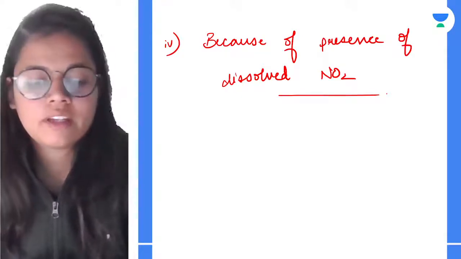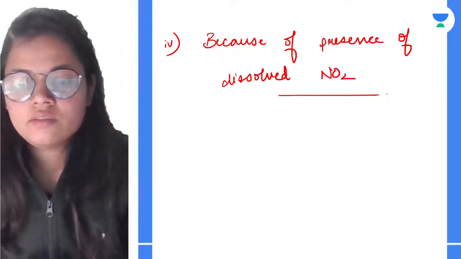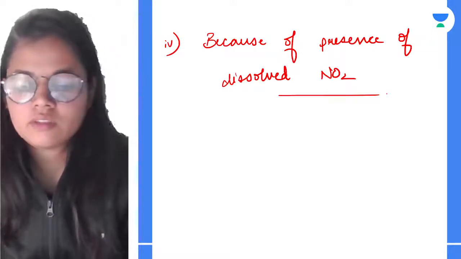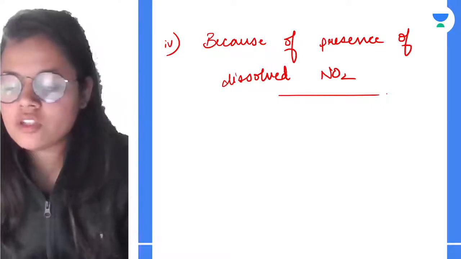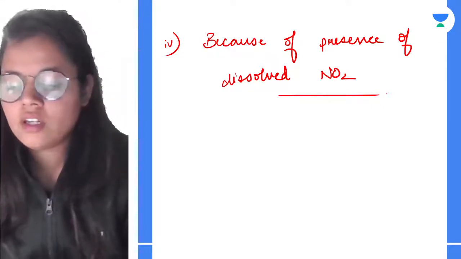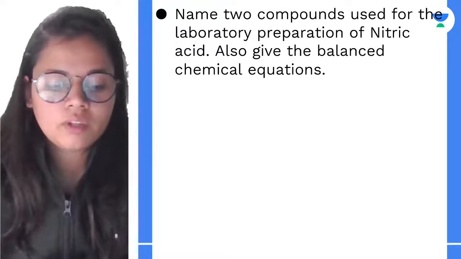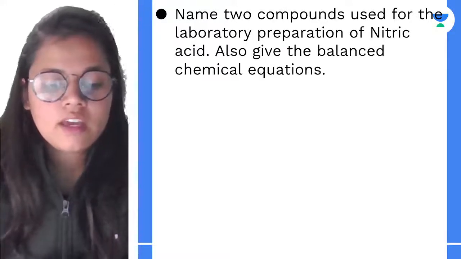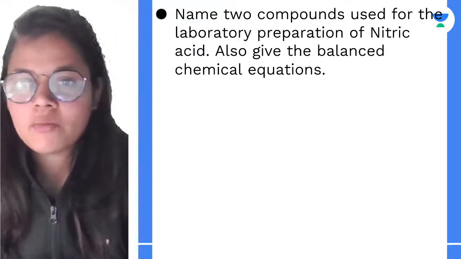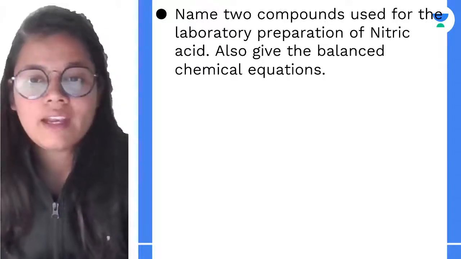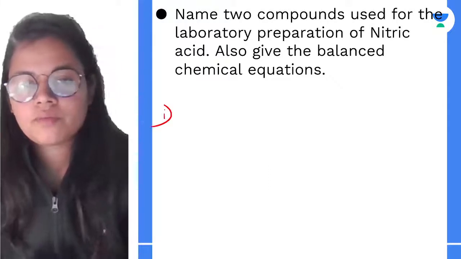How did it come there? Due to decomposition of nitric acid. Next is: name two compounds for the preparation of nitric acid in the laboratory and also give the balanced chemical equation. So what are the two basic compounds used?